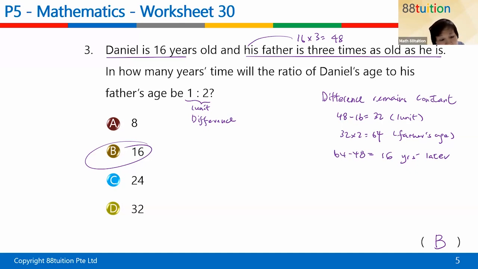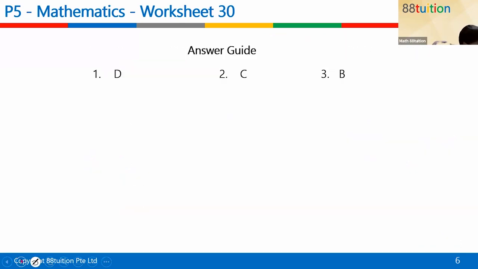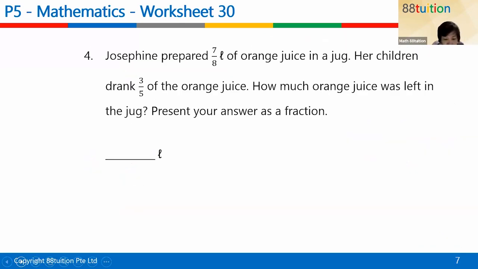Okay. All right. So I'm going to the next question, question 4. Josephine prepared 7/8 liters of the orange juice and the children drank 3/5 of it. This one I noticed something. 3/5, fraction. I said already, fraction of a set.